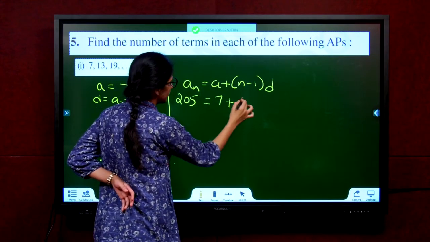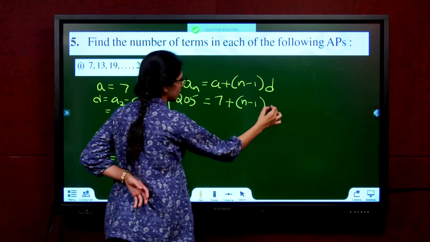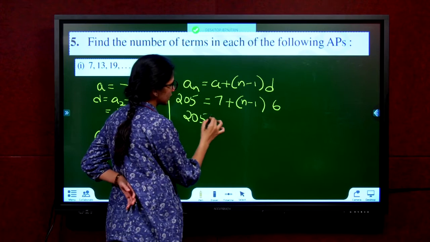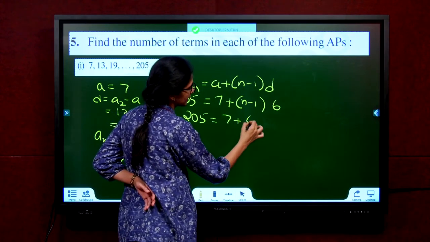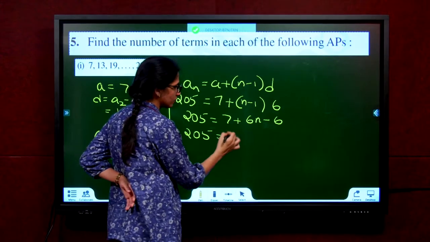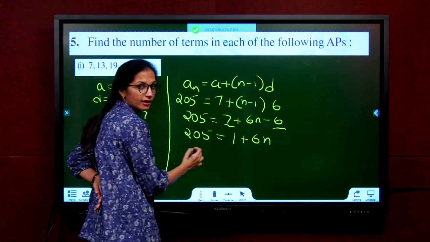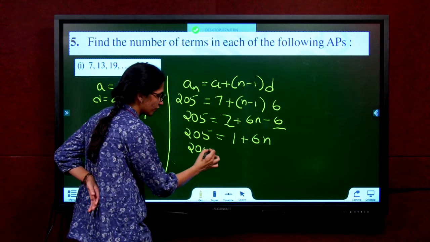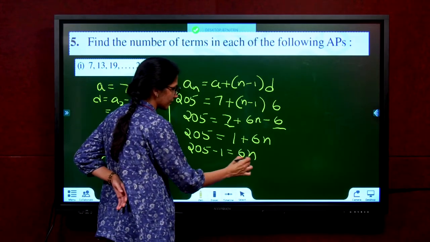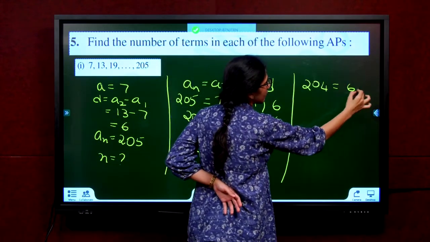A is 7 plus N minus 1. D is 6. 205 is equal to 7 plus 6N minus 6. 205 is equal to 7 minus 6 is 1 plus 6N. Send the 1 this side. 205 minus 1 equals 6N. 204 is equal to 6N.